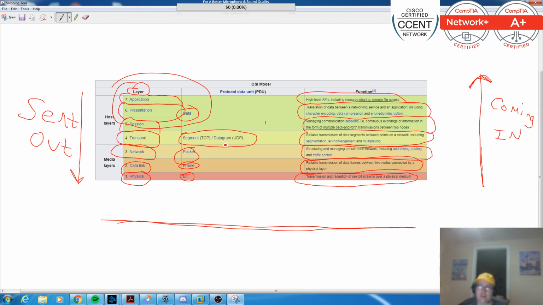So going out, it goes from top to bottom, 7 through 1, and then when it's received on the other end, it goes all the way up, 1 to 7. And that's only host ends. Could be PC to PC, PC to a server, etc. And it should be kind of a simple concept.